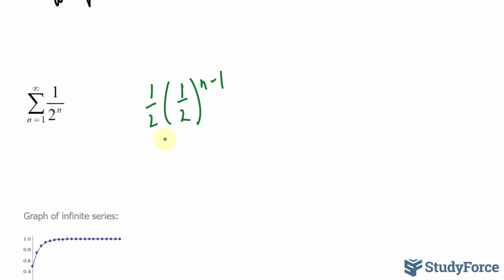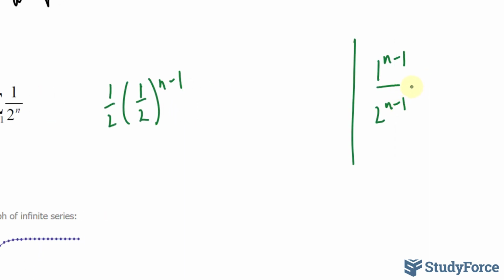And the reason why that works, and I'll show my work on the side, is if we gave this n minus 1 to the 1 and to the 2 like this, it can be expanded as 1 to the power of n times 1 to the power of negative 1, and 2 to the power of n times 2 to the power of negative 1.